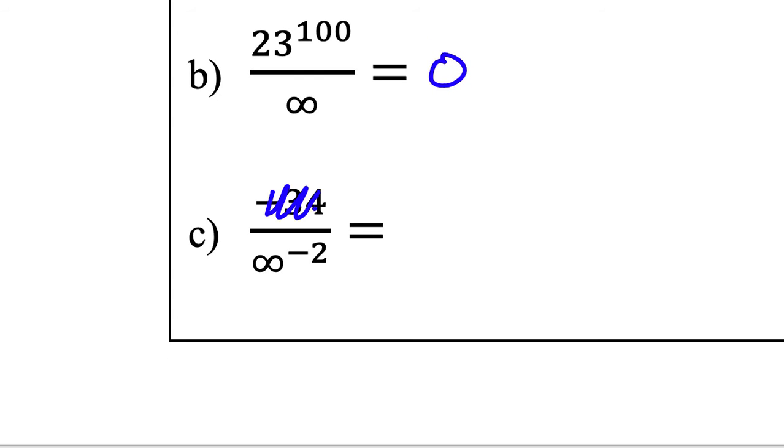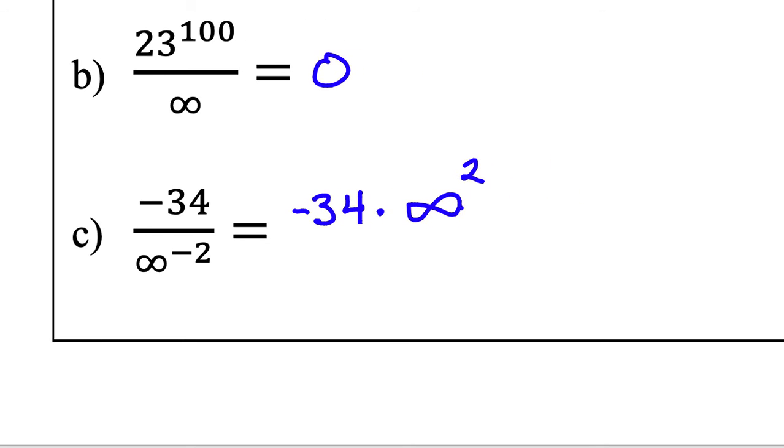It doesn't matter what that number is, but because I have a negative power, I now need to flip this to the top, and it now becomes negative 34 times infinity to the positive 2. So a negative times an infinity is a negative infinity, and infinity squared is still infinity, so the answer here is negative infinity.